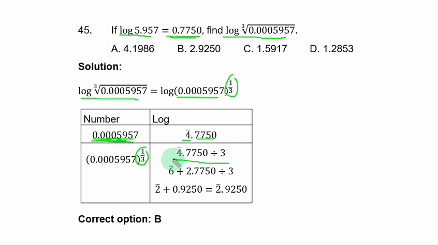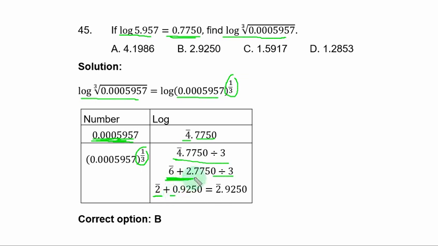So we have to write bar 4 as bar 6 plus 2. This expression is the same as bar 4. Then you divide everything by 3. You divide bar 6 by 3, you have bar 2, no remainder. You divide 2 by 3, cannot. That is 0 remainder 2.